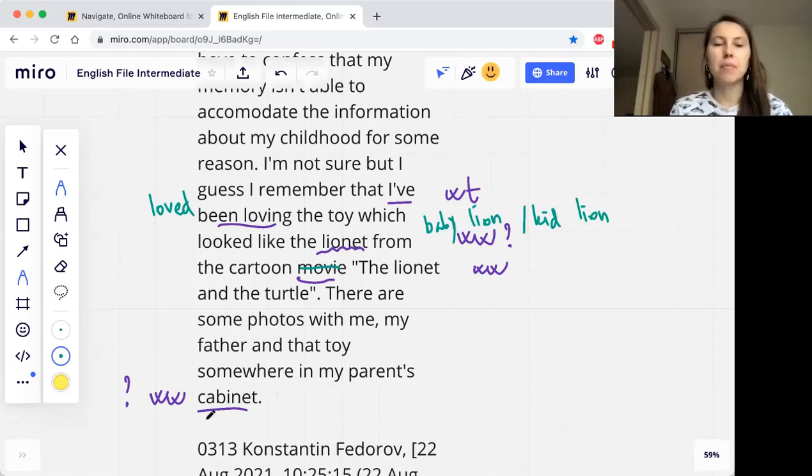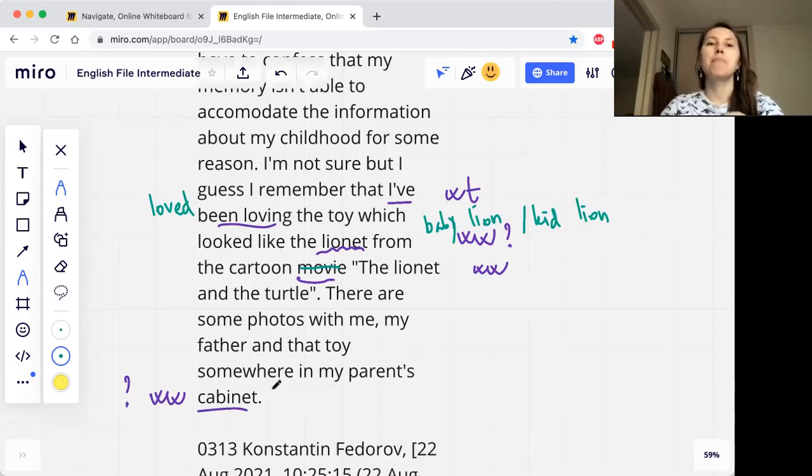In my parents' cabinet, I've put a wrong word mark, but with a question, because in the English language, the word cabinet means ящик or тумба or навесной шкаф. So typically тумба or навесной шкаф. If you mean specifically this item, then cabinet is good.